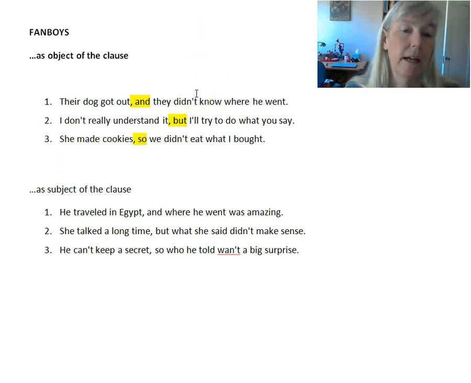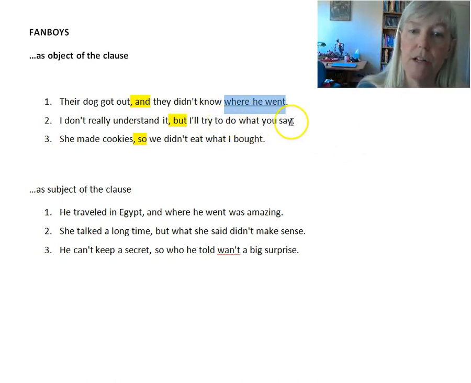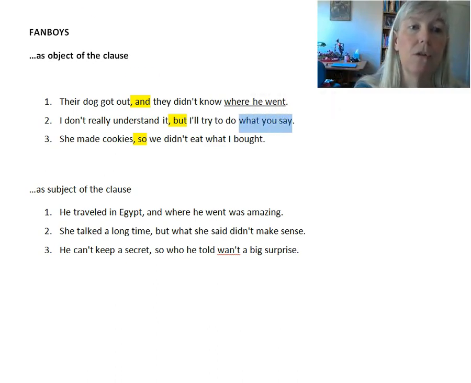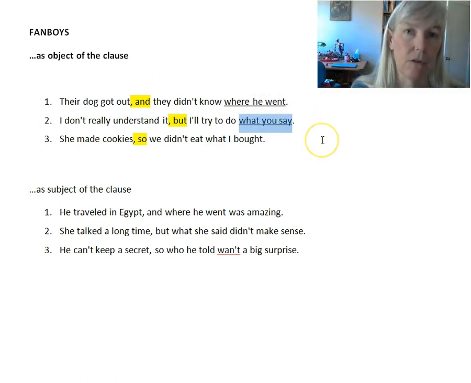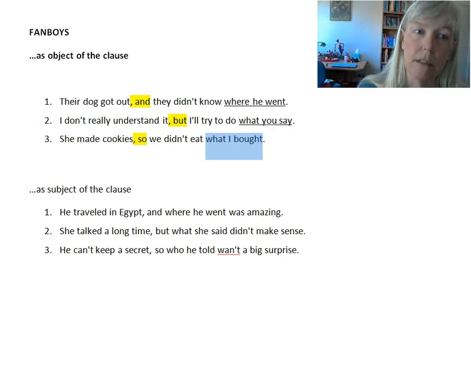Now, in the second part, we have they, subject, didn't know, verb. They didn't know what? They didn't know where he went, noun clause, object. I'll try, subject verb. I'll try to do what? I'll try to do what you say, noun clause, object. We didn't eat what? We didn't eat what I brought.